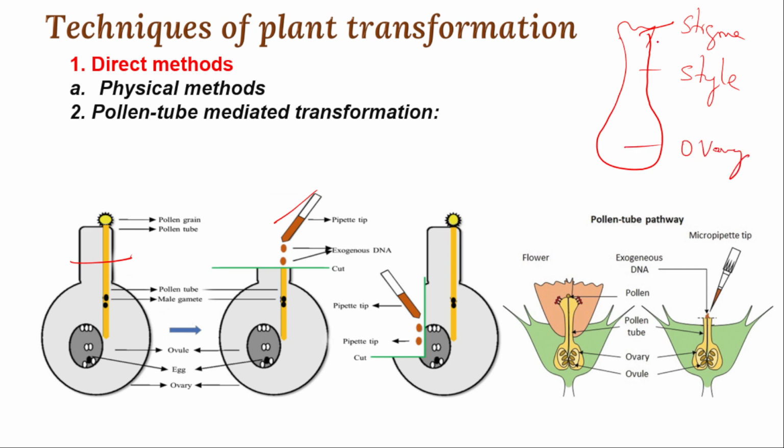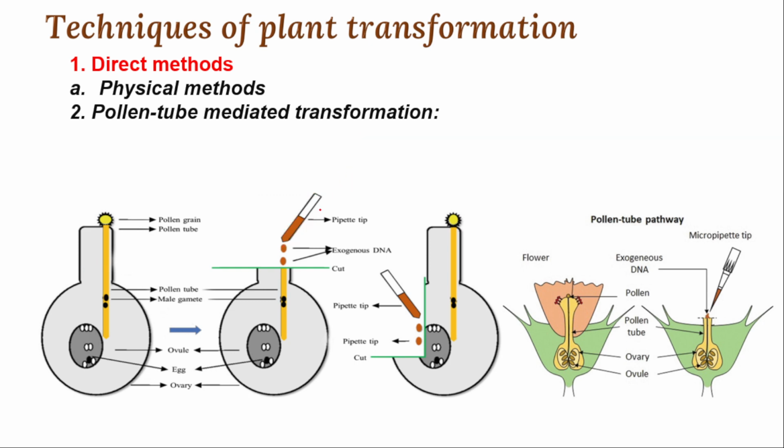Whenever pollination happens, we cut the stigma up to some part of the style. When you cut that, the pollen tube is projected inside. We make a micro pipette containing an exogenous gene, genetic material, which is dripped onto the pollen tube.